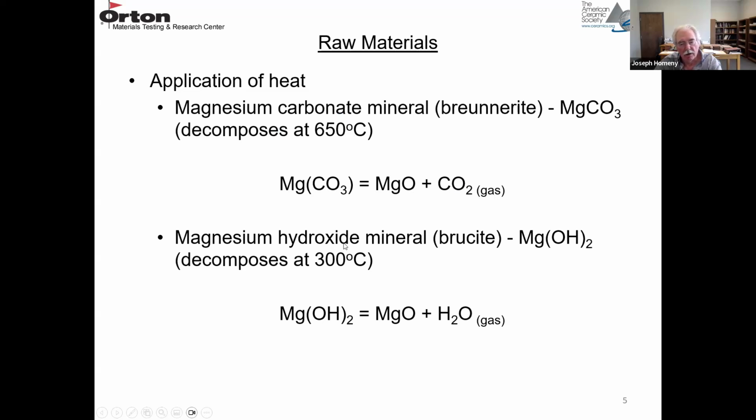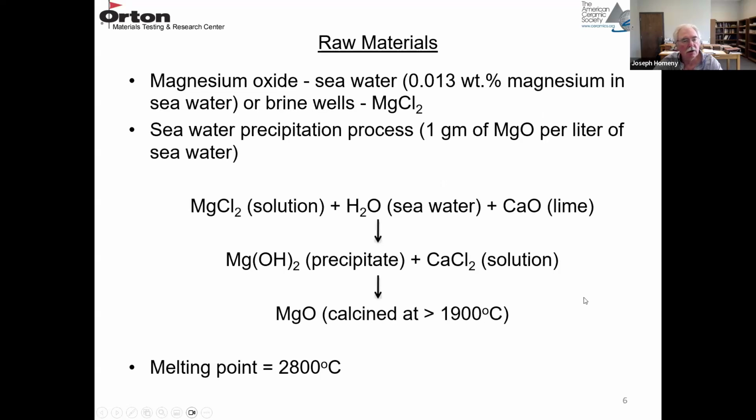And magnesium hydroxide, brucite, Mg(OH)2, at 300 degrees C decomposes to MgO, and the water vaporizes off. As long as you calcine above these decomposition temperatures, you're going to end up with a fine particle size MgO.